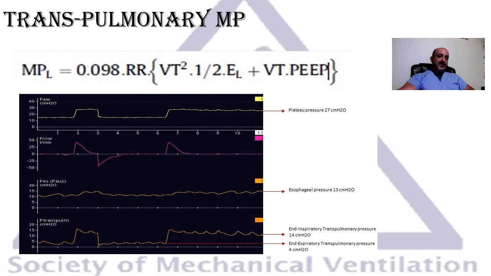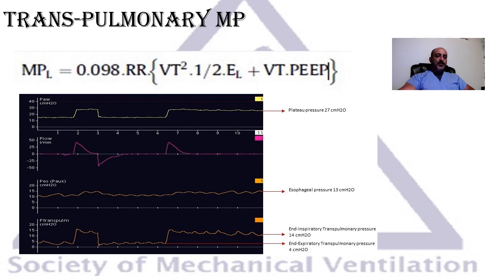If you look at this figure, at the top is the airway pressure, and the pink is the flow. The squiggly third line is the esophageal pressure, and the bottom one is the transpulmonary pressure.